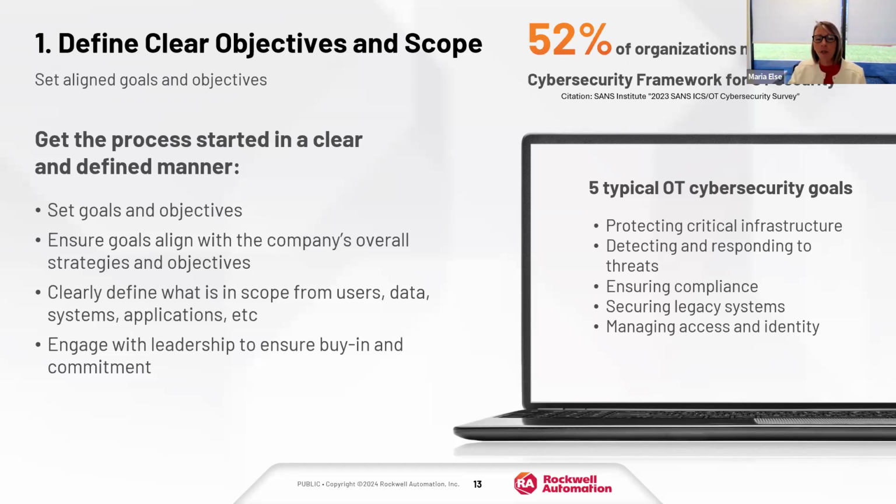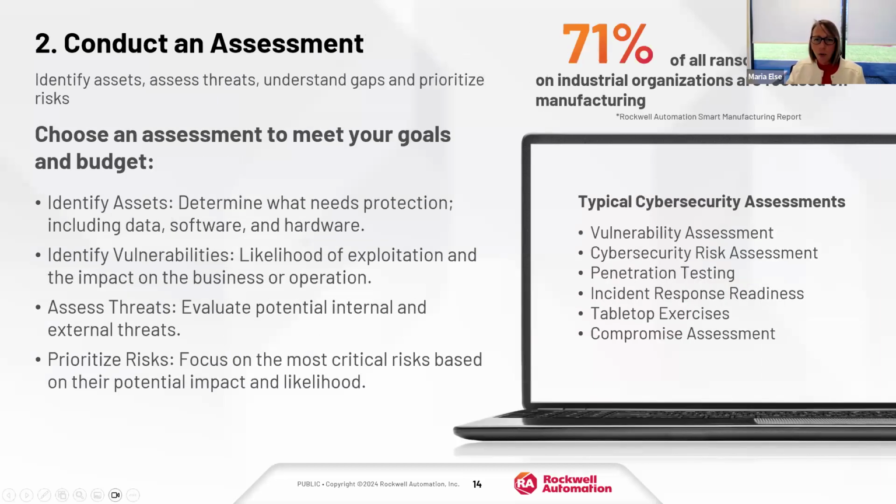Ensuring compliance. If you're a regulated industry, you're going to have to ensure compliance, and your OT strategy can help you secure compliance. Things that we see quite often: securing legacy systems. Not everybody can have the budget to migrate their systems, so we need to secure them throughout that process.